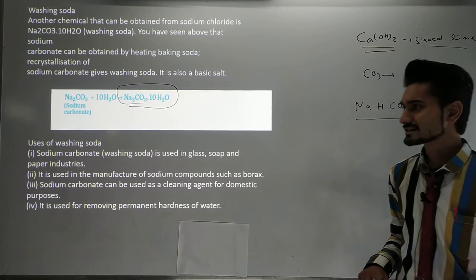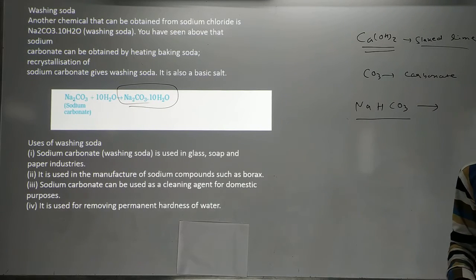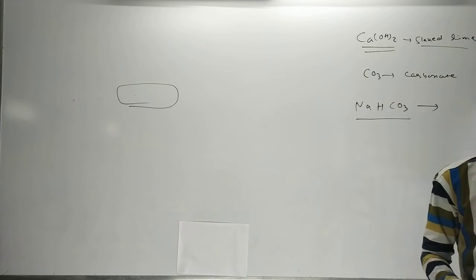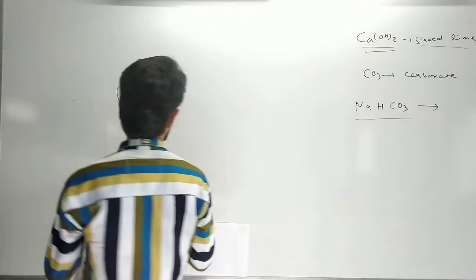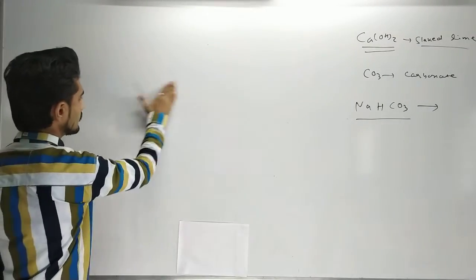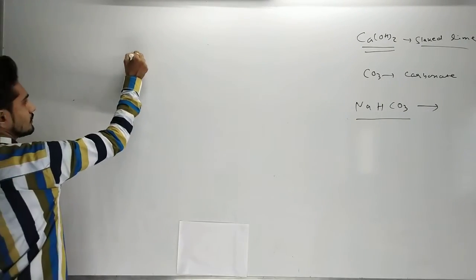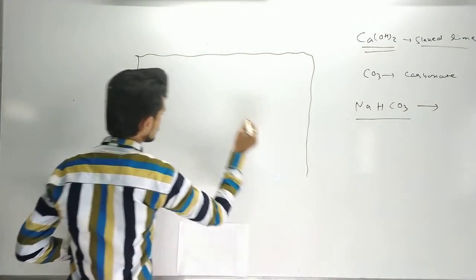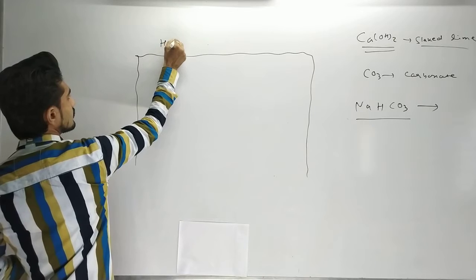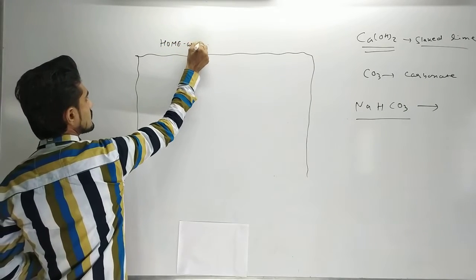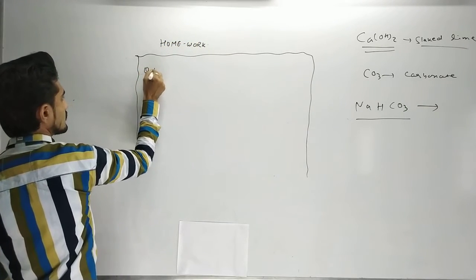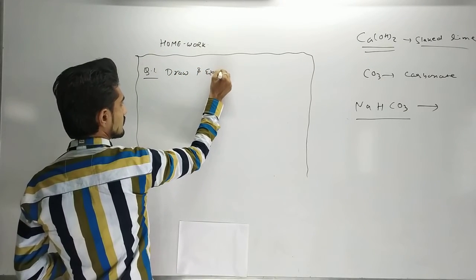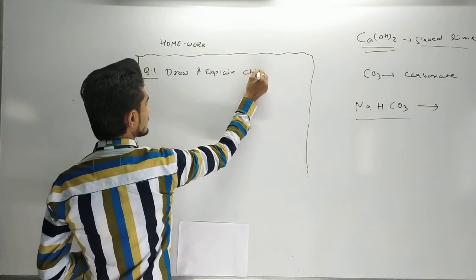Okay, so these are the questions we have done today. I am going to give you a homework in today's lecture. Question 1. Draw and explain the Chlor-alkali process.